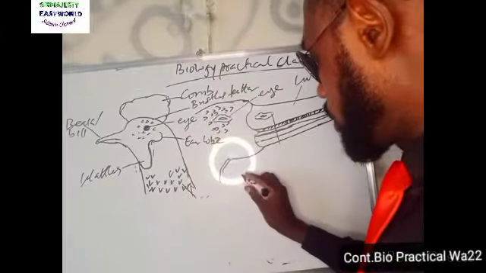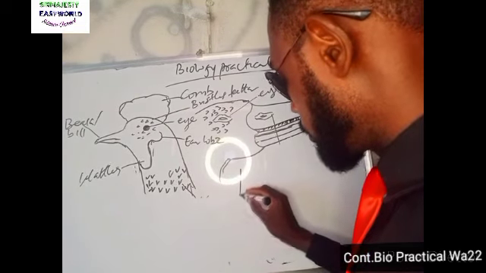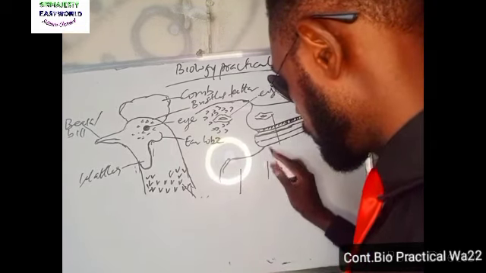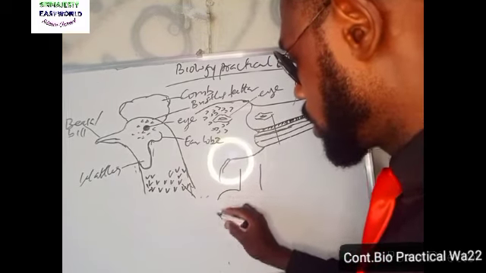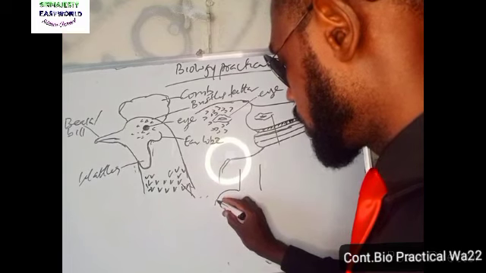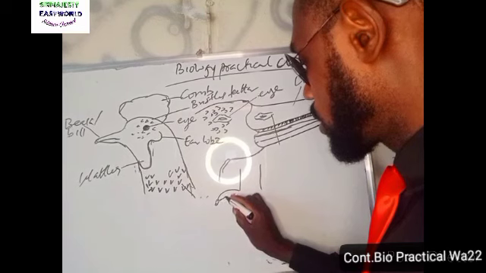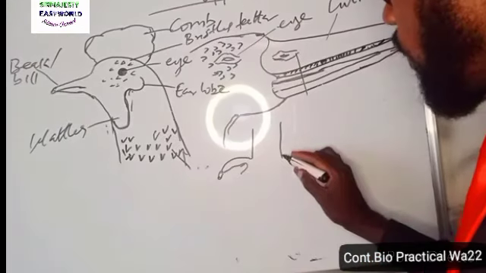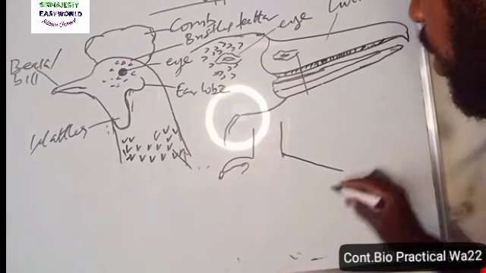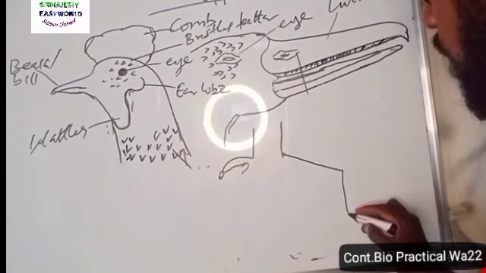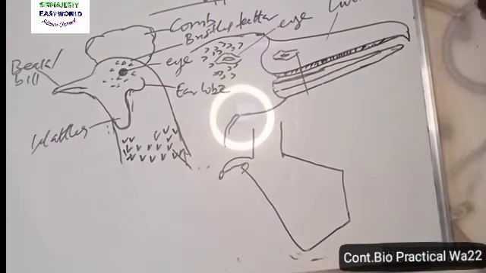So in drawing the leg of this dog, what will give you mark here is you must show the webs. The webs must be shown. In the drawing here, it will have a very reduced hind. If you find it difficult, you just draw something like this, like a V, and then cover it up this way.